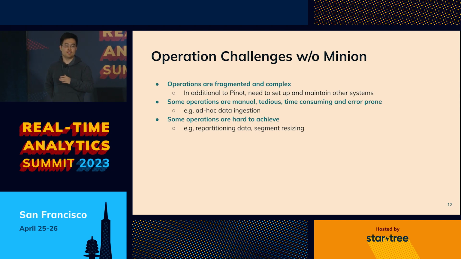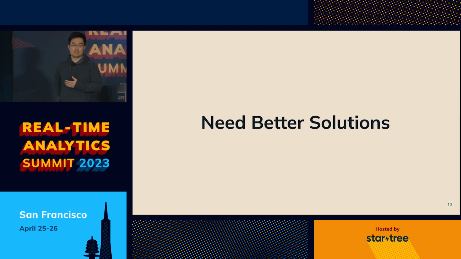The third challenge is that some operations are hard to achieve. Think about the previously mentioned data repartitioning and resizing. Is there a good way? That's a question mark. Seeing those challenges, we want to build a better solution.